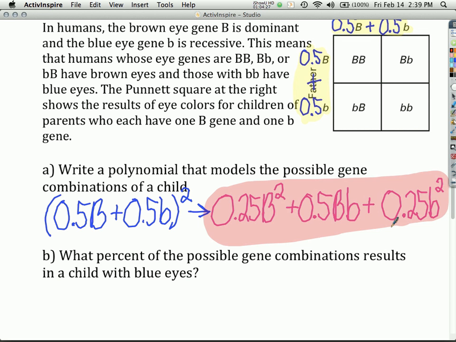Where is it represented in part A? Five people caught it? 6 people? Hezekiah? The last term? That was all you had to say. The last term right here is saying 25% will be lowercase b, and so that's where we see the 25%.